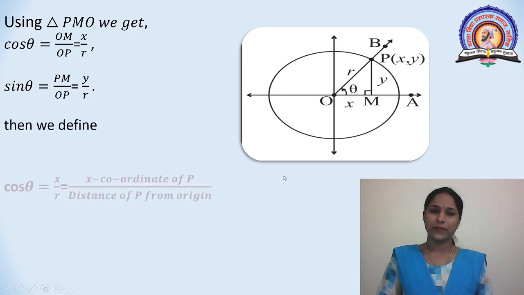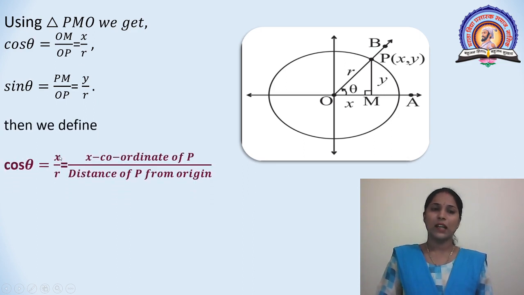Then we define cos theta is equal to x upon r. Here x upon r means the x coordinate of P. Here the coordinate of point P is x comma y.